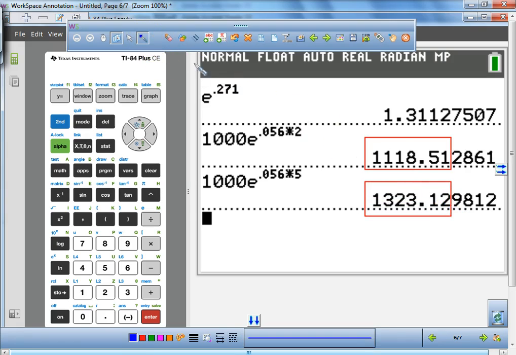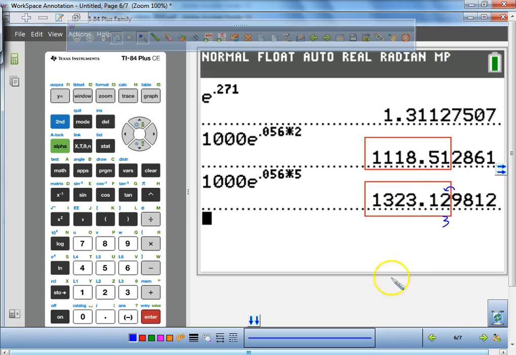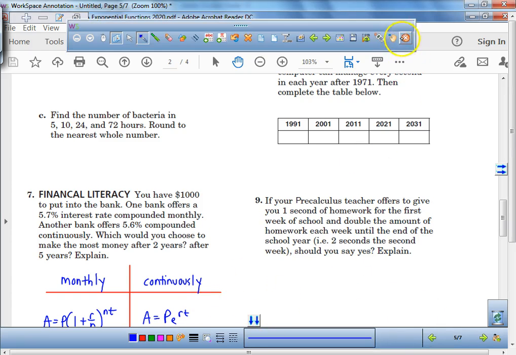What's going to happen to that 2? It's going to round up to a 3. So write those two answers down. All right. So we got 1118.51.